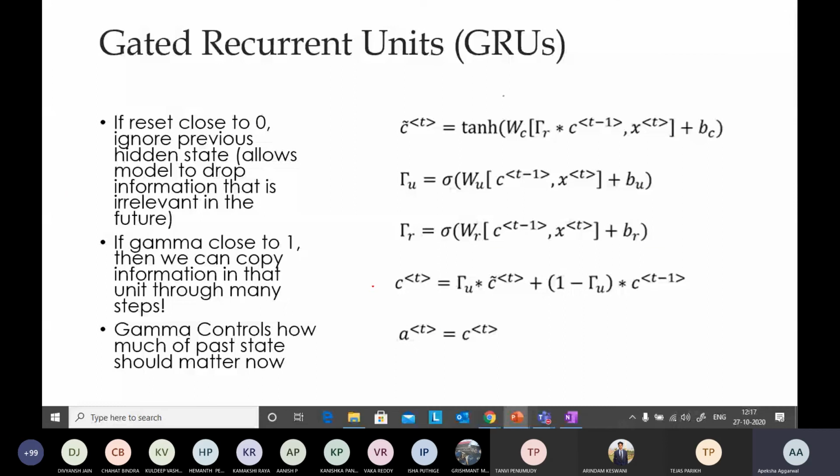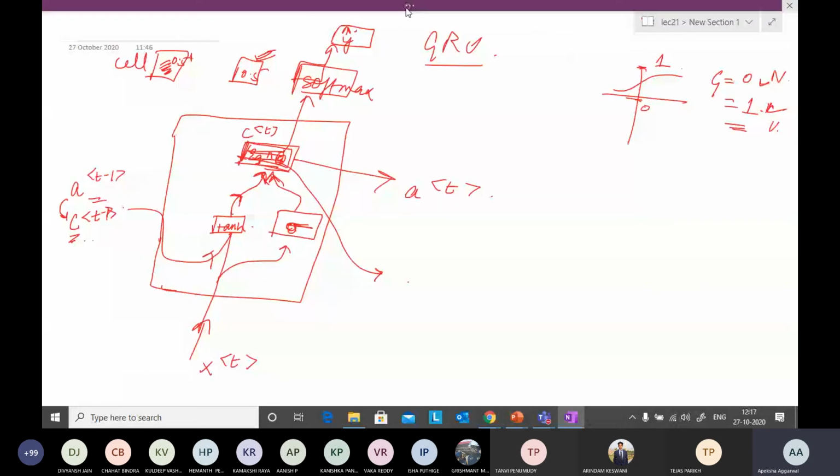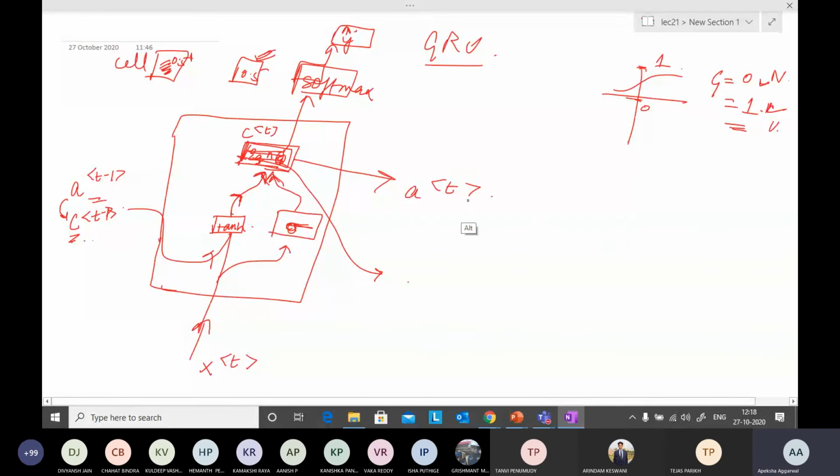This equation basically decides. Okay, so first is this candidate. I will write it over here. So first is C t minus 1, which is coming from the previous step. If I talk about this cell, the first thing that I have is a cell state.